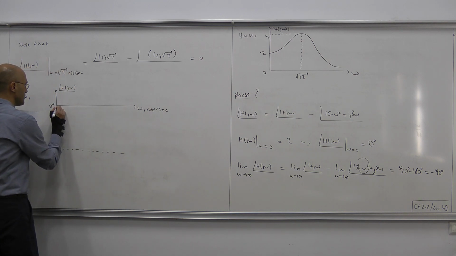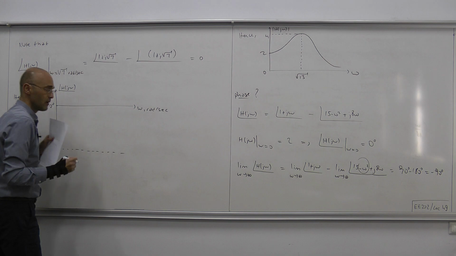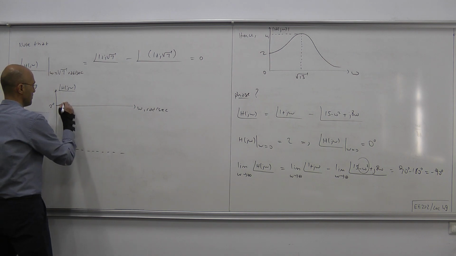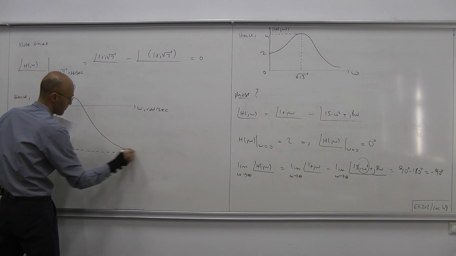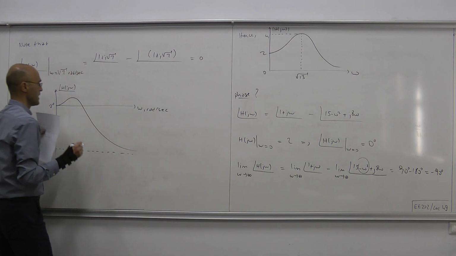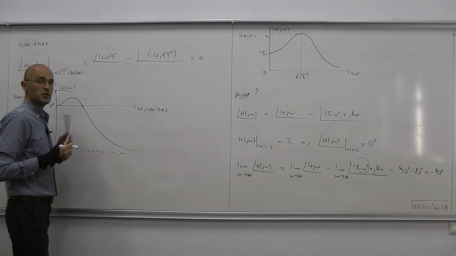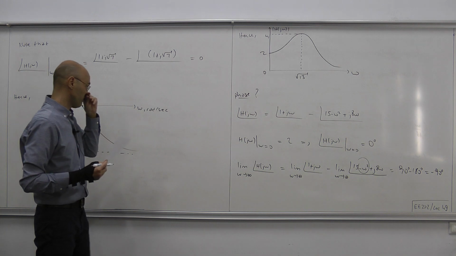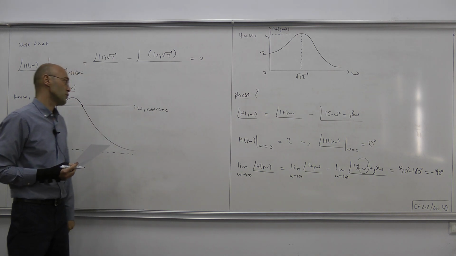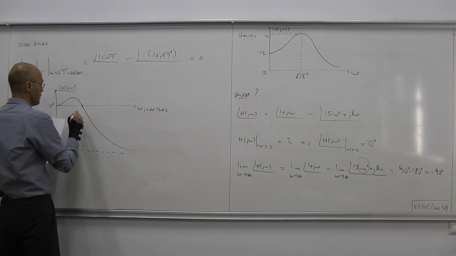We start at 0 and head over there, but we make a little peak first. And the frequency at which we cross the 0 degree axis is square root of 7.